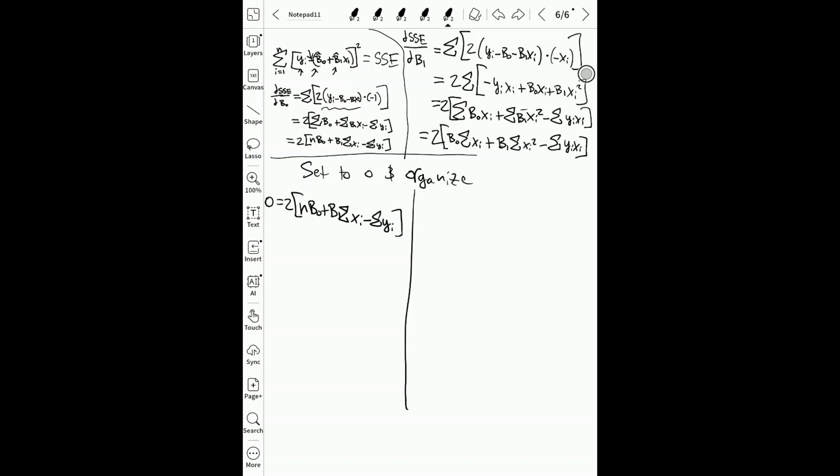We can finally distribute that 2 too. And we'll have 0 is equal to 2n beta naught plus 2 beta 1 sum of xi minus 2 sum of yi.